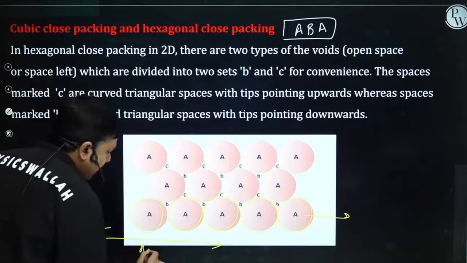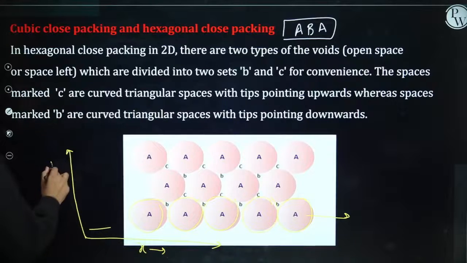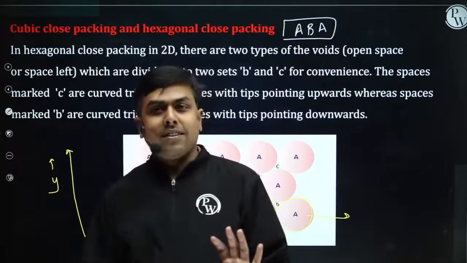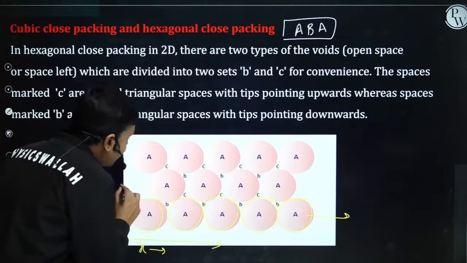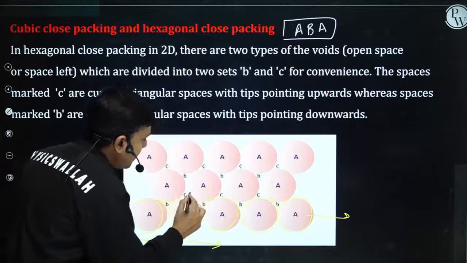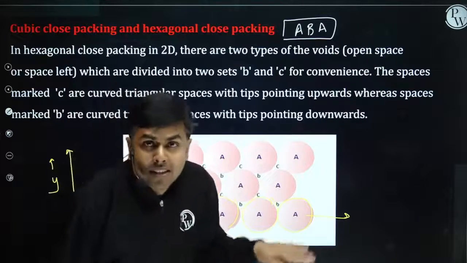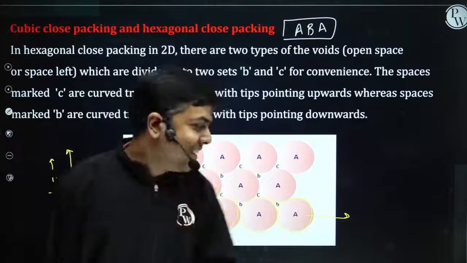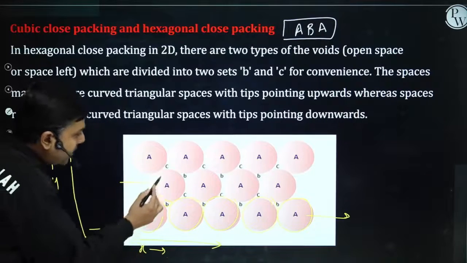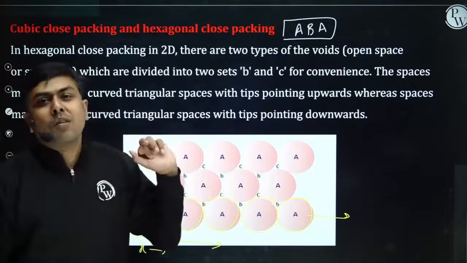The second layer spheres are exactly placed on the depressions formed by the first layer. The third layer sphere is exactly placed on the depressions formed by the second layer.